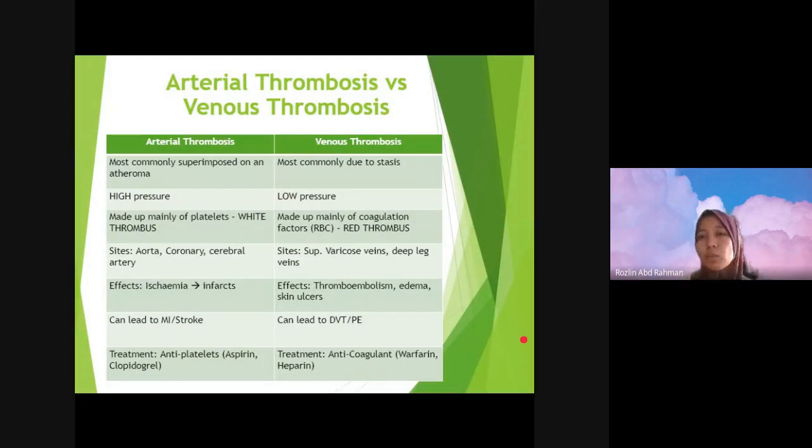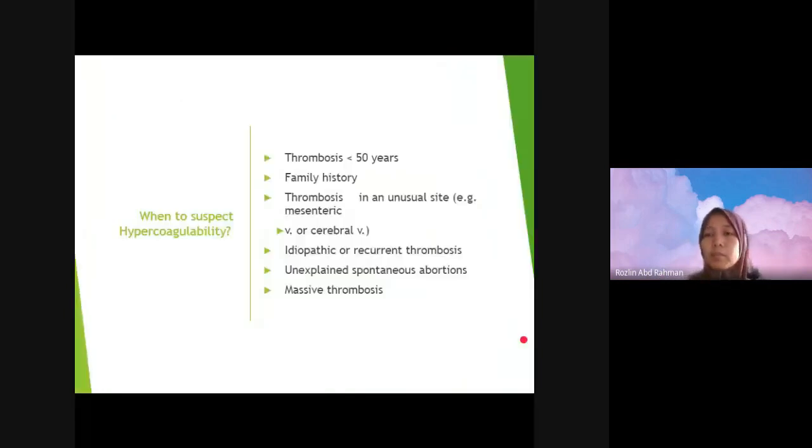This is just showing you an example, a comparison between arterial and venous thrombosis. Arteries have high pressure, veins usually low pressure. So when do we suspect a patient has a hypercoagulability state? Arterial thrombosis has largely been held to be a phenomenon of platelet activation, so with arterial thrombosis we think of a platelet problem.